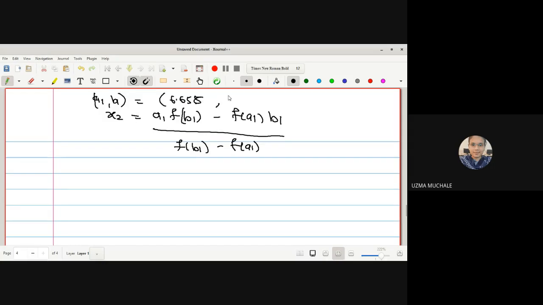So choose the values and tell me the value of x2. Okay, a1, f of b1. f of b1 means f of 8. f of 8 we have already calculated. x2 equal to 7.3979. I think something is wrong.